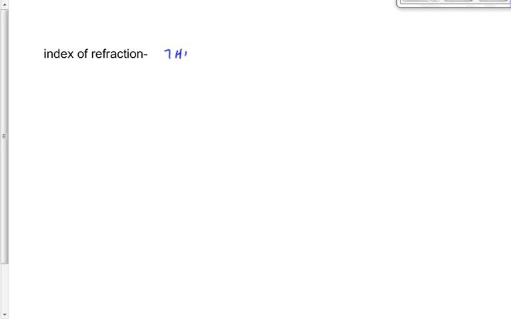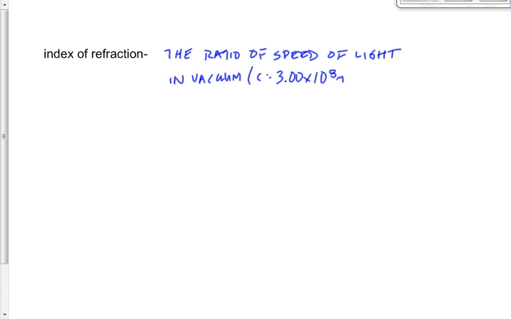It's the ratio of the speed of light in a vacuum, which you guys know by now, has a value of 3.00 times 10 to the 8 meters per second, as compared to the speed of light in medium X, or whatever medium it is that you're trying to find the index of refraction for.